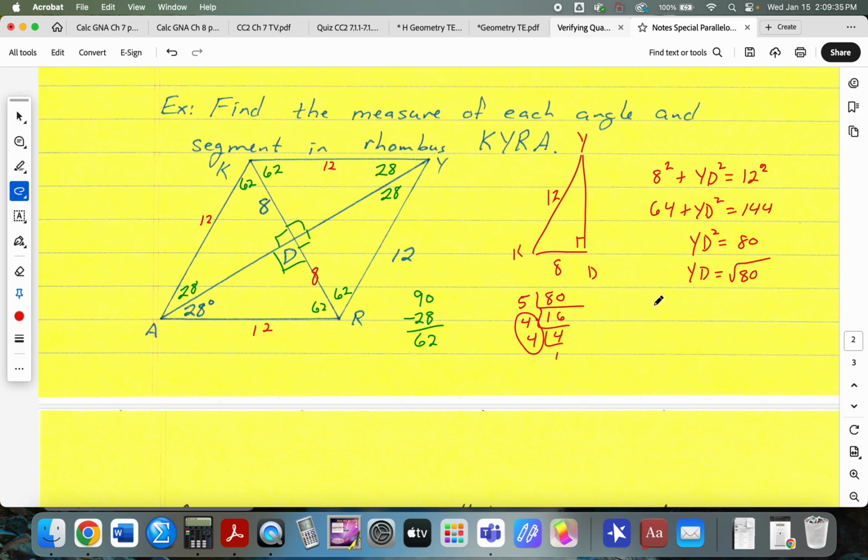So the square root of 4 times the square root of 4 is 4. And I still have a square root of 5 left. So each of these is 4 square roots of 5. Any questions about this example?